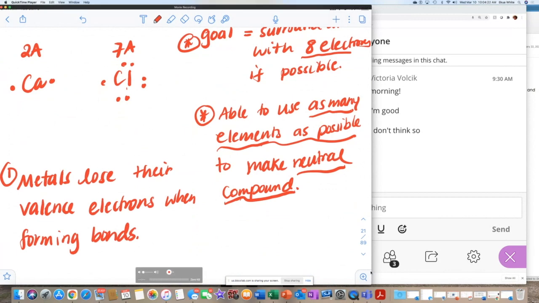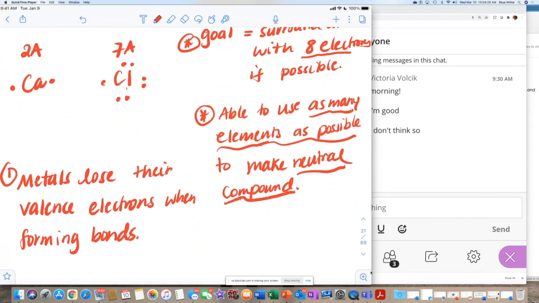This is true regardless of the type of bonds. It's just the nature of metals. Remember, metals are very large, and so the nucleus struggles to hold on to those last valence electrons. They're too far away. It's like, you're so far, I can't reach you. It's hard to hold on to the last electrons. So metals, due to their size, easily lose their valence electrons when forming bonds.